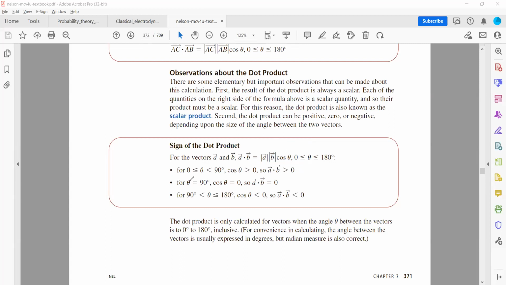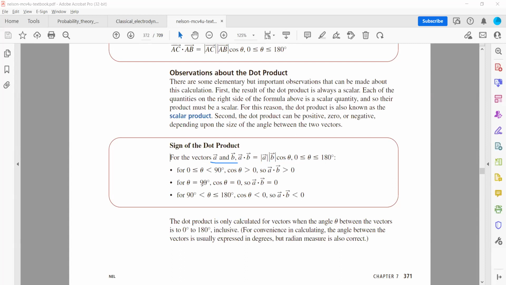For angles where theta is from 0 to 90 degrees, the cosine function takes positive values, greater than 0, which means the dot product is going to be a positive value. An important note here is that vectors A and B are non-zero vectors. If one of them is a zero vector, the result of the dot product is going to be 0.